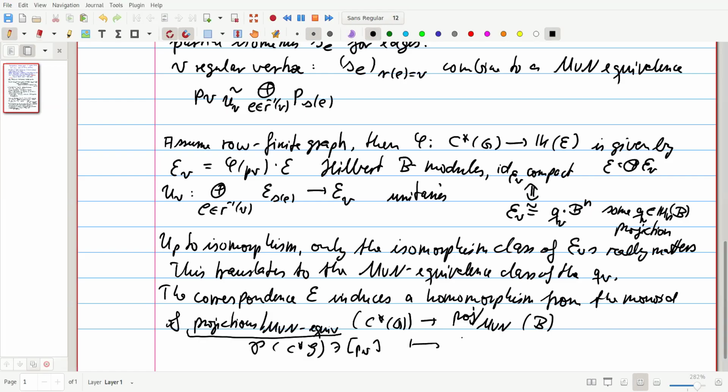And this would go now to the class of this projection QV. So the isomorphism classes of these EVs are determined by this map on this particular K-theoretic invariant. Okay, so far so good. I don't see any questions so far.